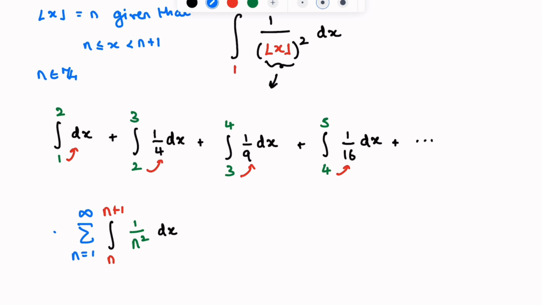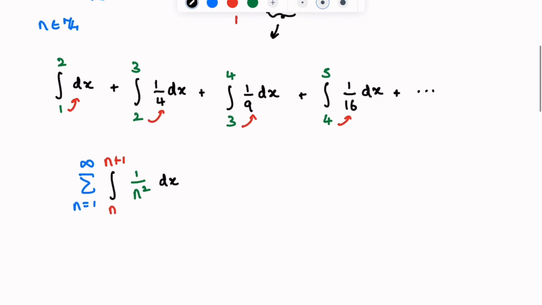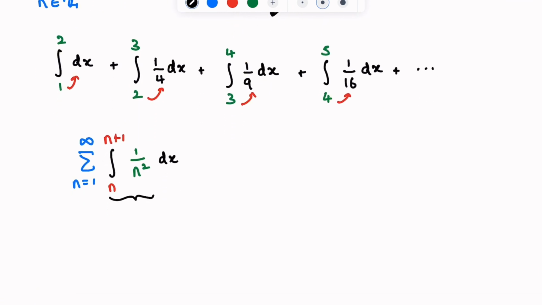And now this is a very standard kind of calculation right here. Let's take this integral apart. That's the integral from n to n plus 1 of 1 over n squared dx. Well, that's going to be equal to x over n squared, because in the x world, 1 over n squared is just a constant.